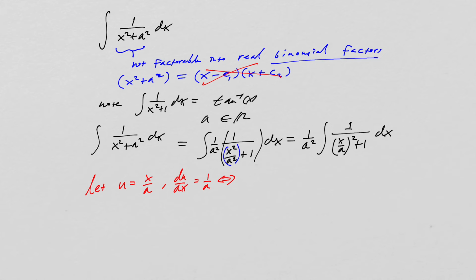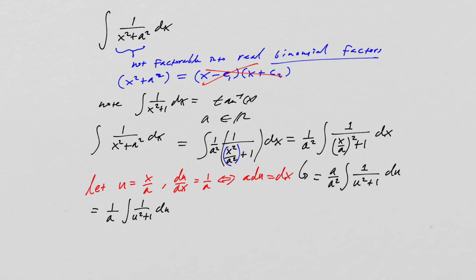Another way to write this, of course, is that a times du is equal to dx. Well, if I put that all together, then I'm going to get a over a squared, the integral of 1 over u squared plus 1 du, or 1 over a, integral of 1 over u squared plus 1 du.